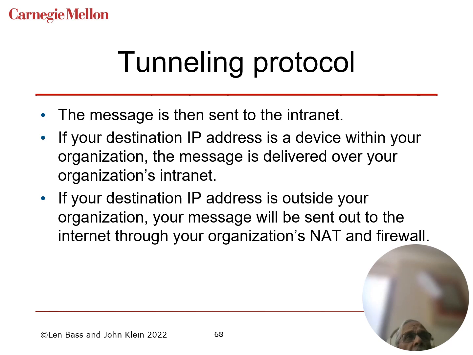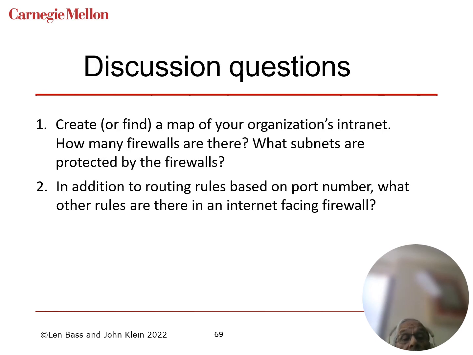If your destination is in the internet, then it is managed by a proxy and it's sent out again through to the internet, but it looks like it came from a machine inside the intranet, and there's a gateway there and a proxy that protects the IP addresses.